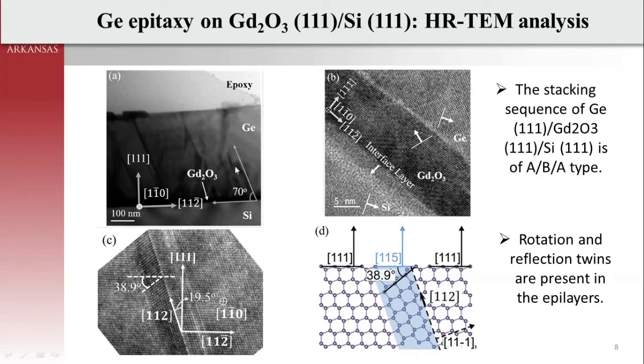Okay, so here is the close-up image of the stacking faults or twins that we have here in figure A. It is observed that the 111 crystal planes within the lamellar regions are inclined with respect to the 111 planes of the surrounding unfaulted germanium epilayers by an angle of 38.9 degrees.